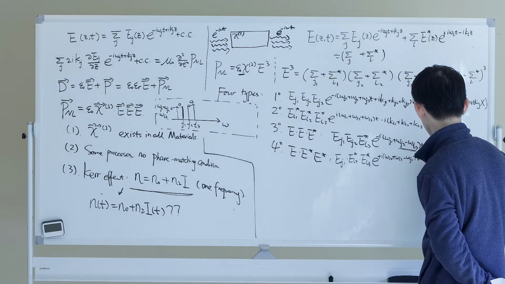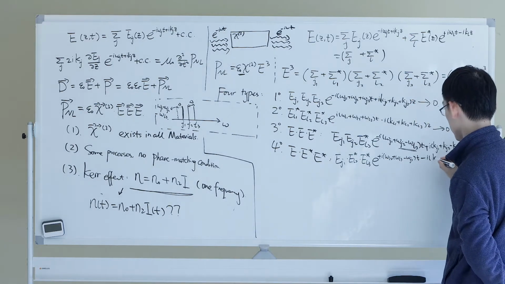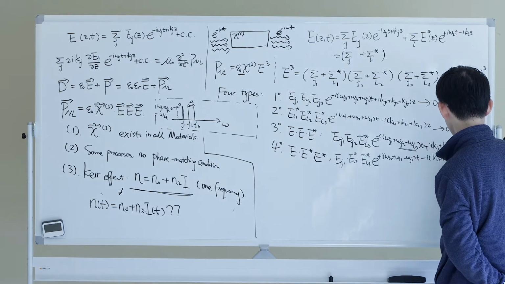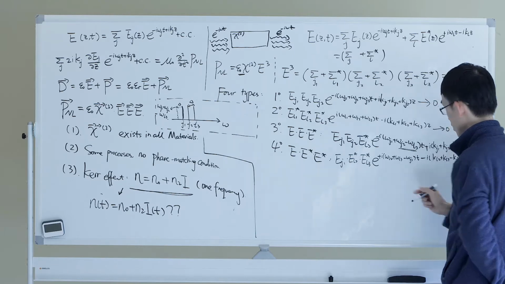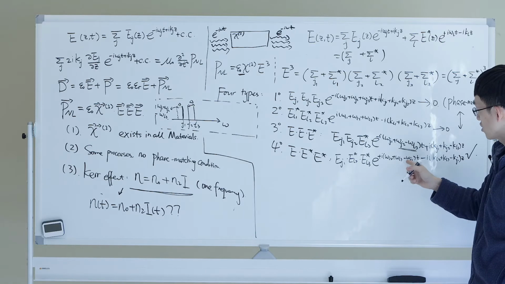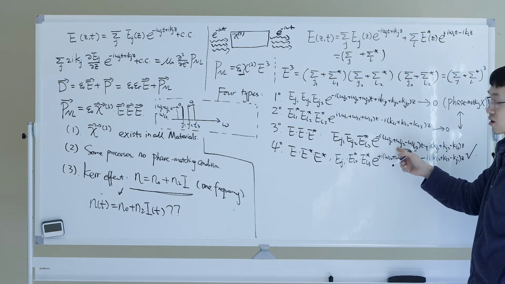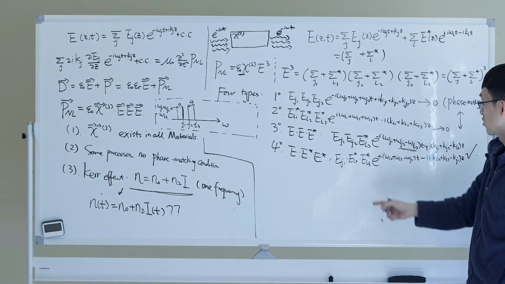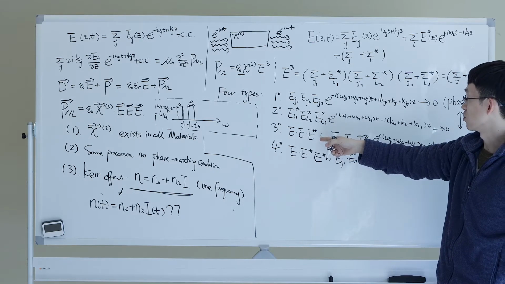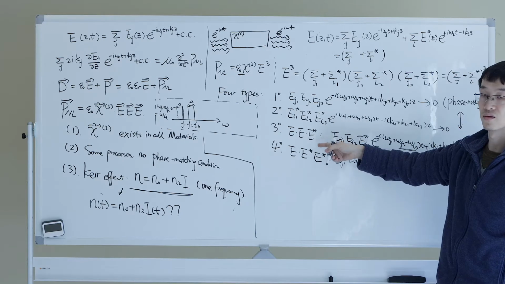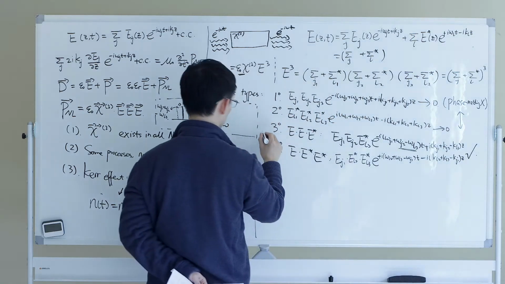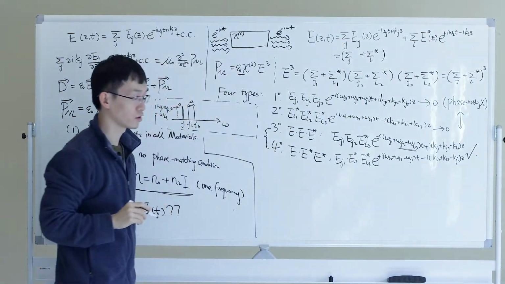Same for the phase term: K L2 plus K L3 minus K J1. So you see it's a positive frequency term, and the frequency is the sum of two frequencies minus another frequency, exactly the same form as the previous one. So these two are actually coming from the same source. The fourth is just the complex conjugate of the third. So these are the terms we are going to consider.